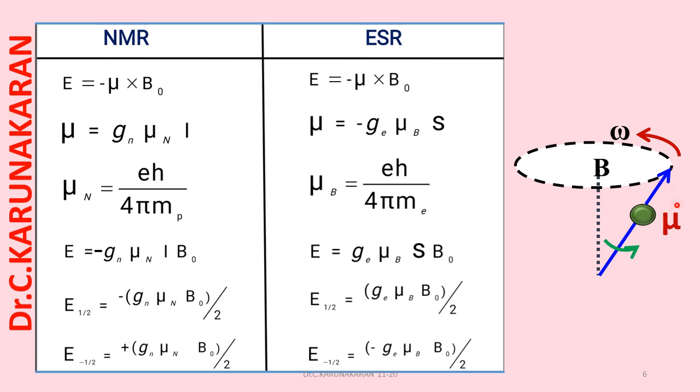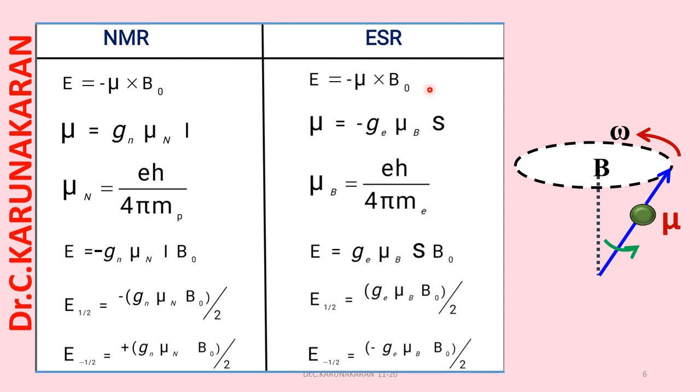As a result of this interaction, the interaction energy is equal to minus mu cross B naught, for NMR and for ESR, E equals minus mu cross B naught, where the nuclear magnetic moment is given by the expression g_n mu_n I, where I is the nuclear spin quantum number.